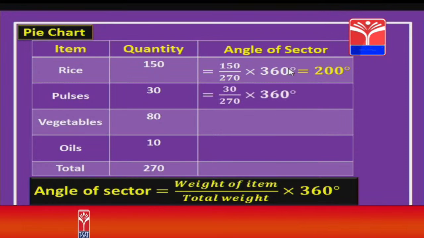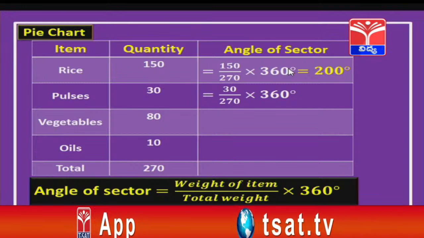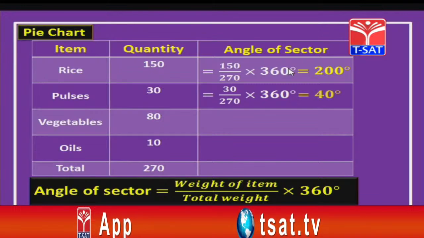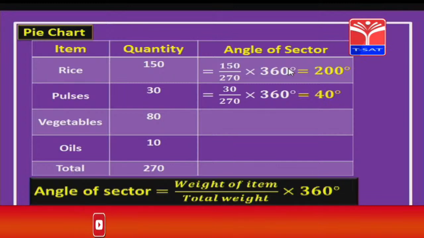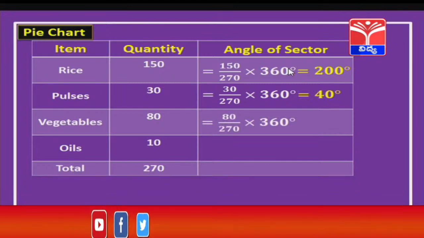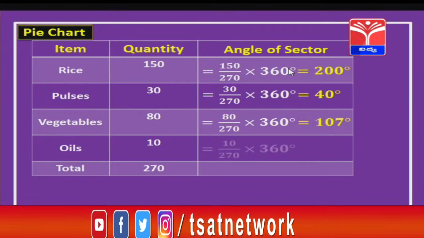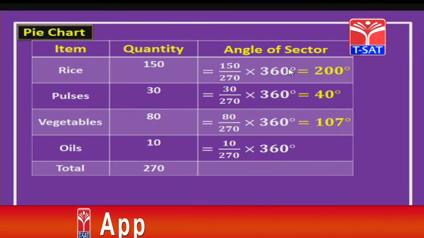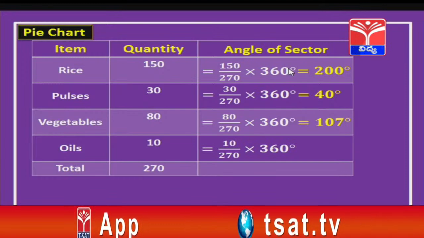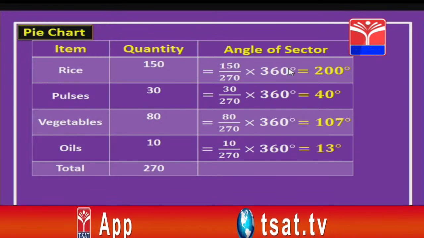Next, for pulses, 30 by the total value, that is 270, into 360; on simplification you get 40 degrees. Vegetables: 80 by 270 into 360. On simplification, you get 170 degrees. Finally, for oils, it is 10 by 270 into 360. On simplification, you get 13 degrees.